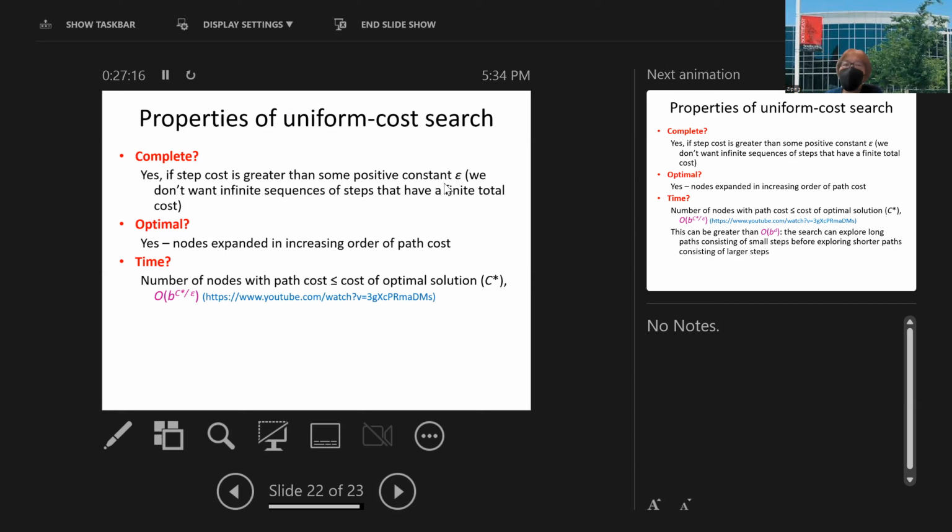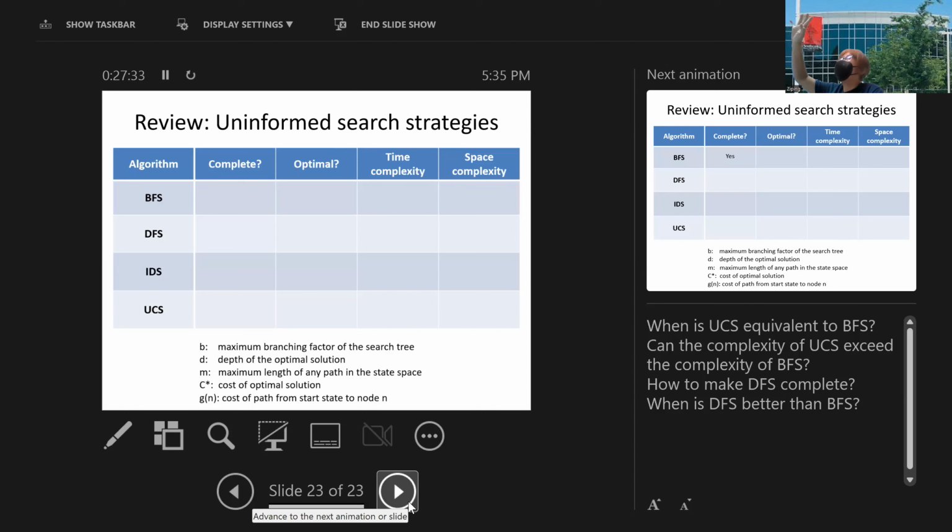Okay. So what next? We already discussed these 4 different search strategies, so let's take a quick look and compare them. Breadth first search: is it complete? Yes.